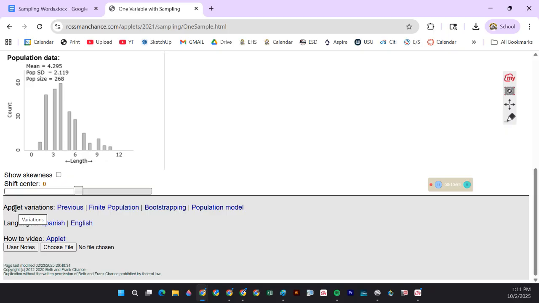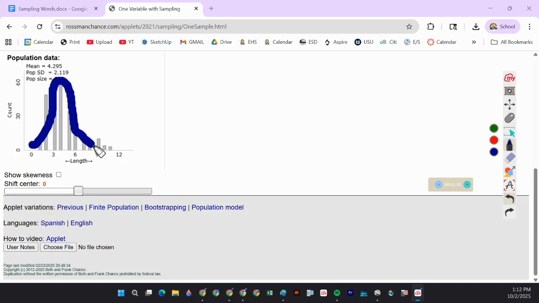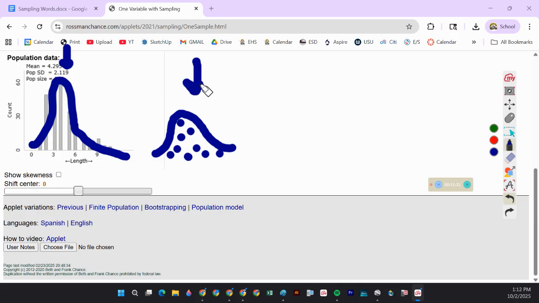What if lots of people take a sample and we graph all of the samples? That is going to be normal. So this is the population curve, right? If you take a sample, your sample curve should look like that with 10 dots in there, right? So this is the population, this is the sample. If lots of people take samples, we should get a nice normal curve.